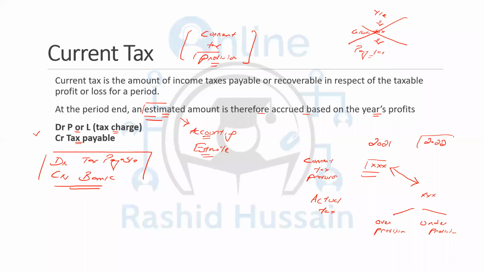And when the actual tax is calculated in the following year, you will become aware that it was either an over provision or under provision, that you have provided more tax or less tax. And when you are now aware of the actual tax situation, whether it was under or over provided, you cannot change your 2021 figure, because we know that when we change our accounting estimate, that change is done prospectively.